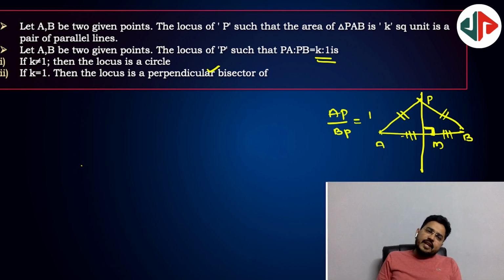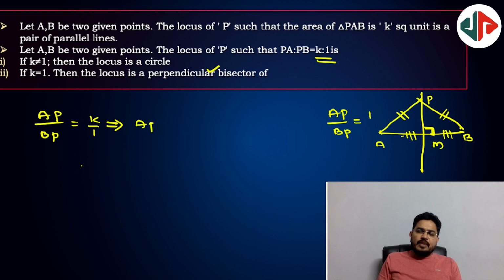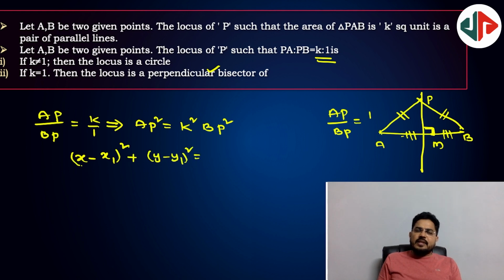Now, if in case AP by BP is equal to K by 1, on simplification, you will get AP square is equal to K square into BP square. So it will be (x minus x1) whole square plus (y minus y1) whole square, taking A as (x1, y1), is equal to K square into (x minus x2) whole square plus (y minus y2) whole square.